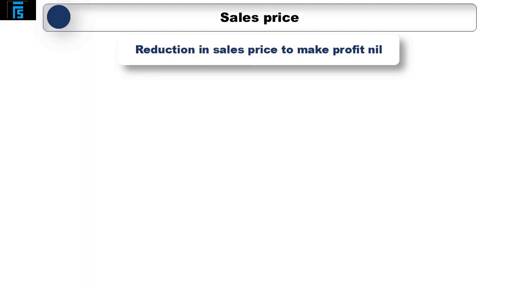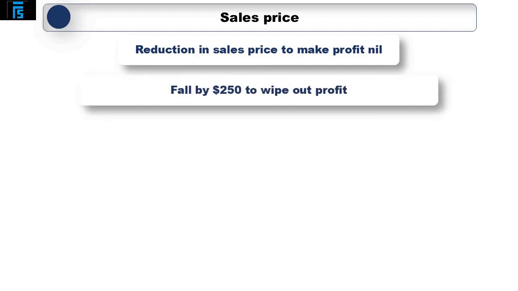Firstly, sales price. How low would the sales price have to fall, assuming this affects nothing else in the process, before the profit is nil and Jack would decide not to launch? Sales revenue would have to fall by $250, everything else being equal, to wipe out the profit of $250 and reduce it to zero.